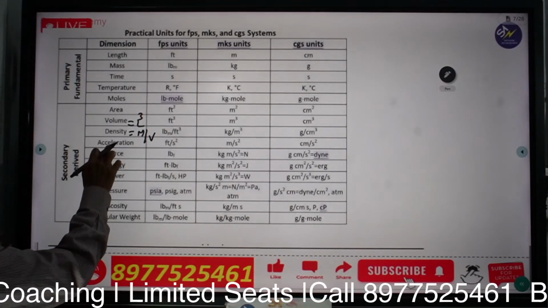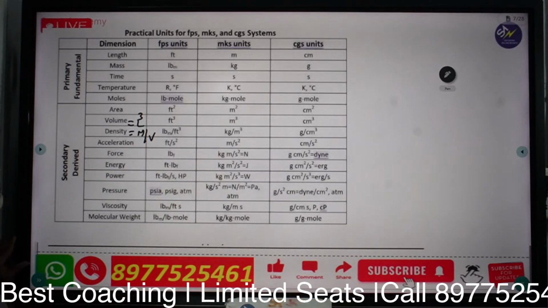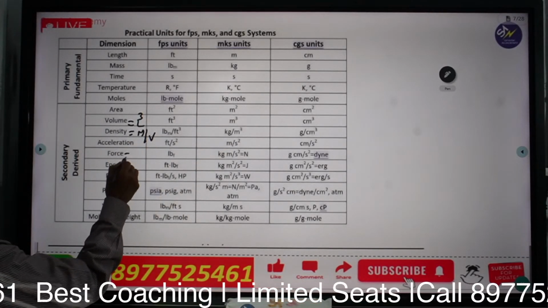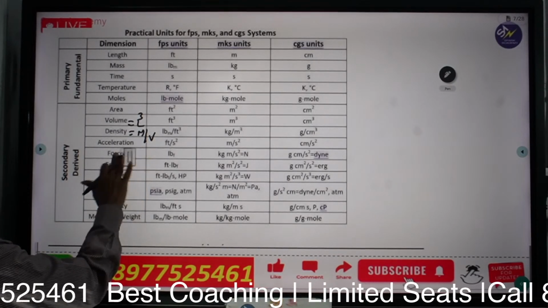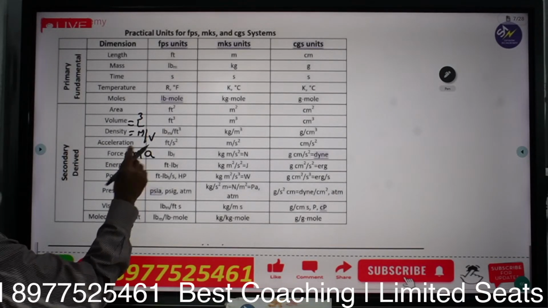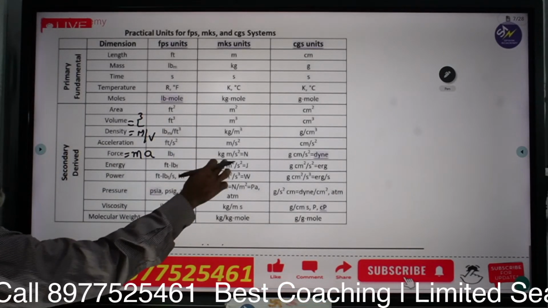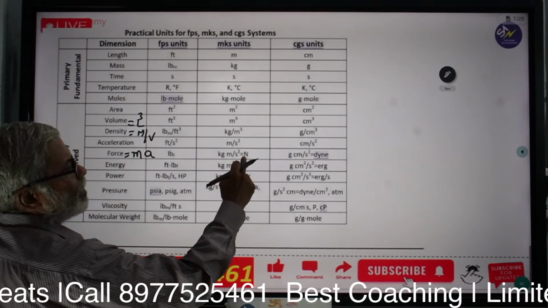Similarly, acceleration is velocity by time, so meters per second square. Force is mass into acceleration, so mass is kg, acceleration is meters per second square. You can also write Newton.